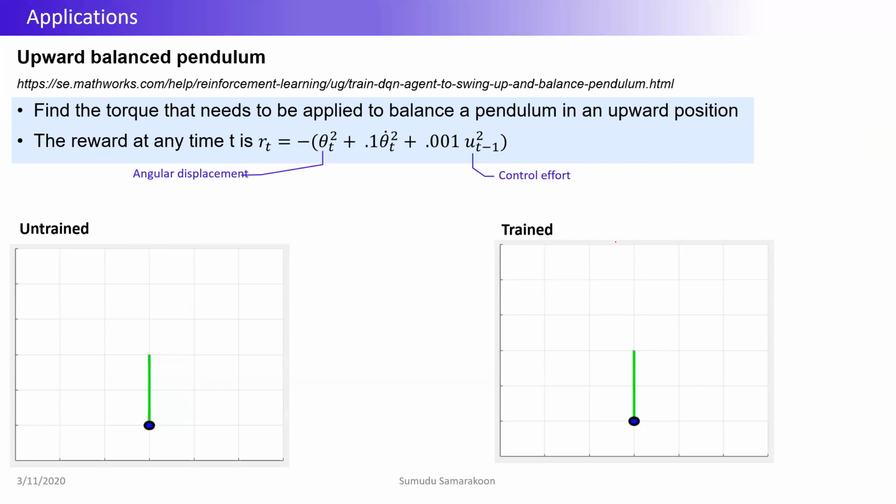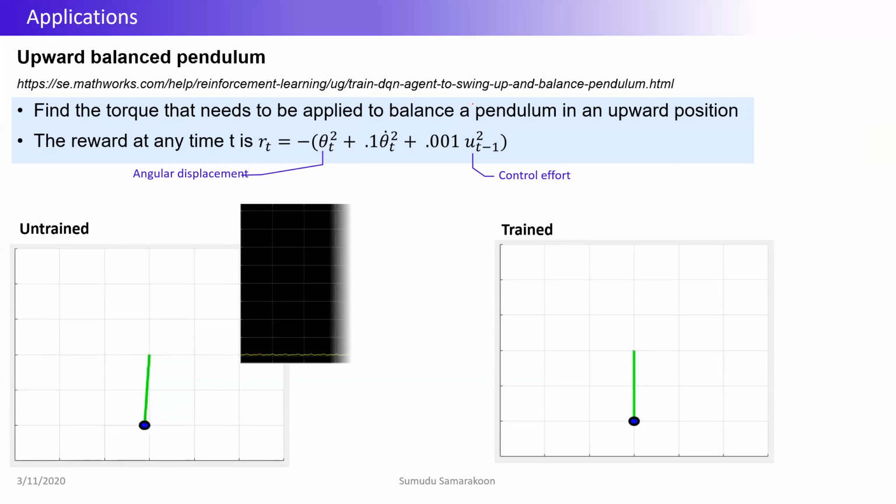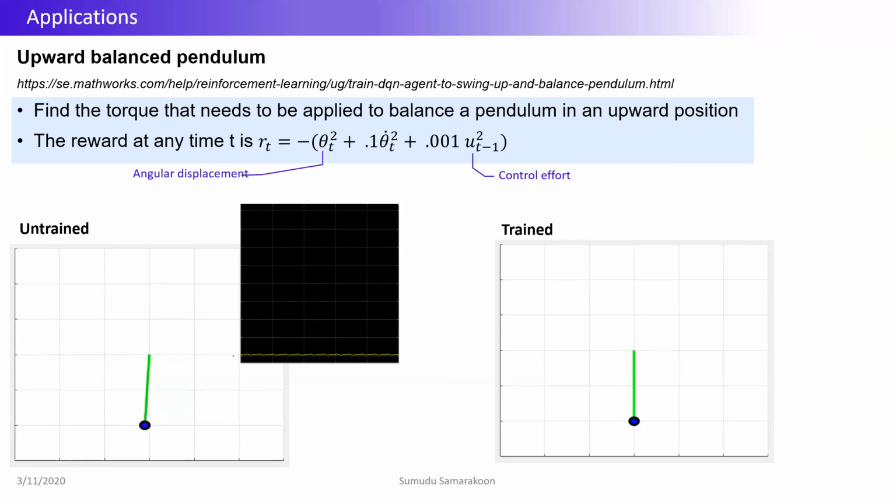So this is basically the inference phase. Let's see what happened in the untrained environment. You can see the torque is slightly varying, and the pendulum is just moving. This is what happens at the very beginning of the training phase.